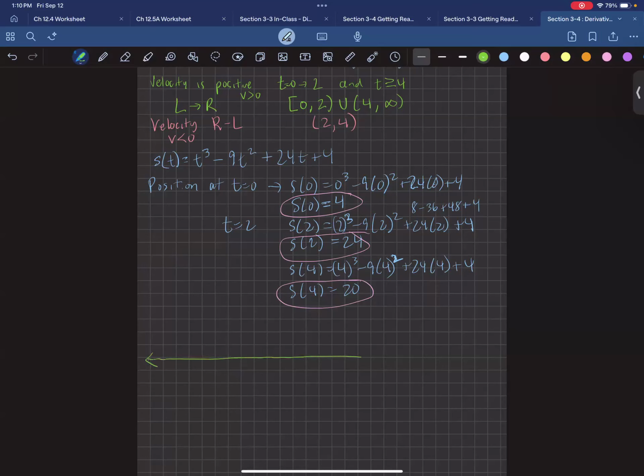I'm going to show the position above the number line. So if this is 0, let's say that's 4, 8, 12, 16, 20, 24, 28, and onward.